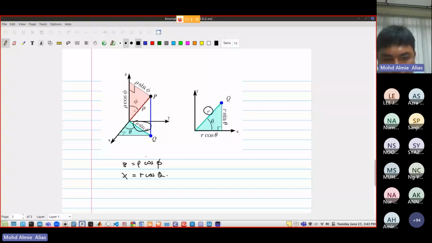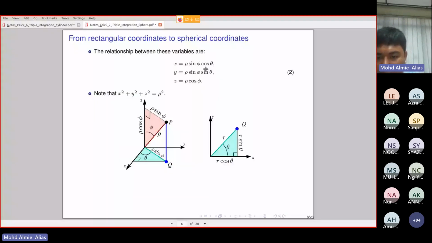So you just substitute: r equals rho sine phi, and you have rho sine phi cos theta.